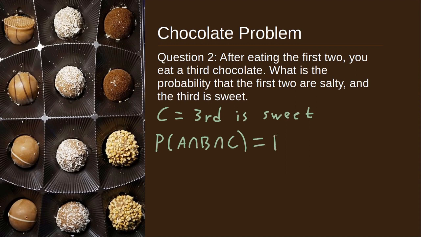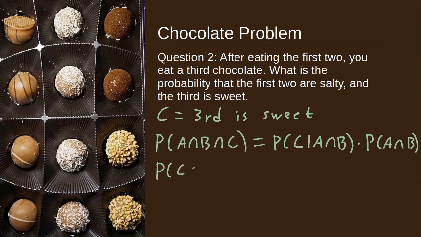And once again, we can leverage the definition of conditional probability to say that this is equal to the probability of C occurring conditioned on both A and B occurring, multiplied by the probability of A and B occurring. And we'll evaluate these 2 probabilities one by one.